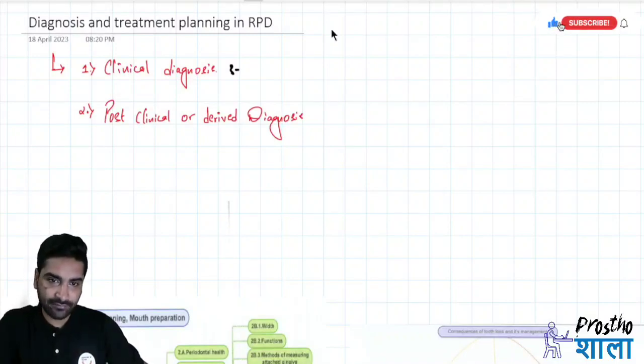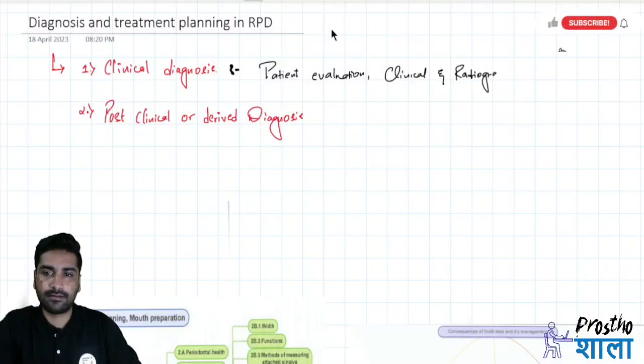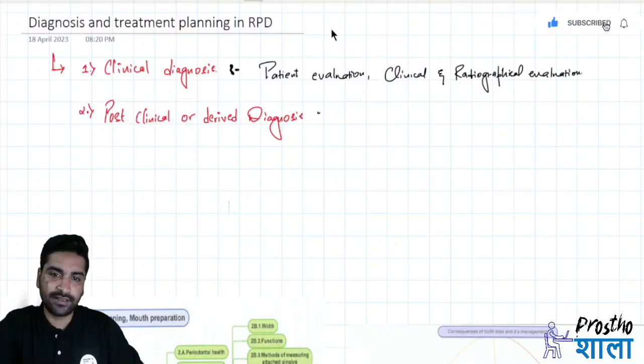So it mainly involves patient evaluation, the clinical and radiographical evaluation. This is very important.